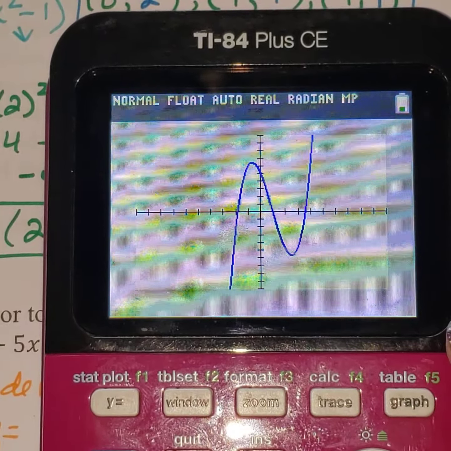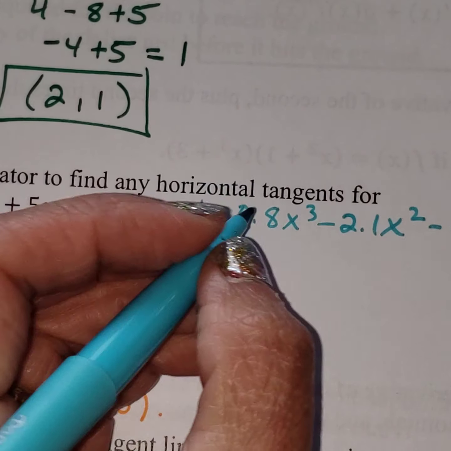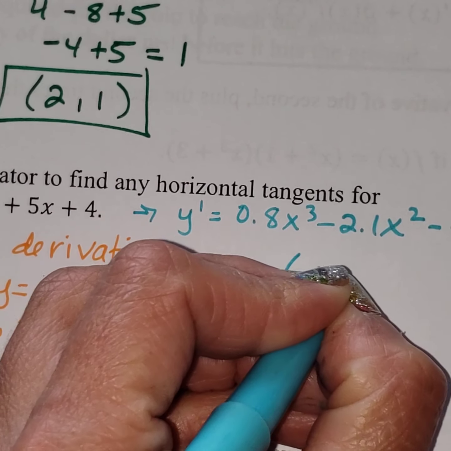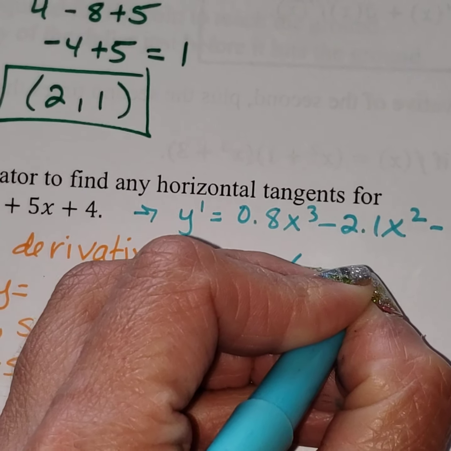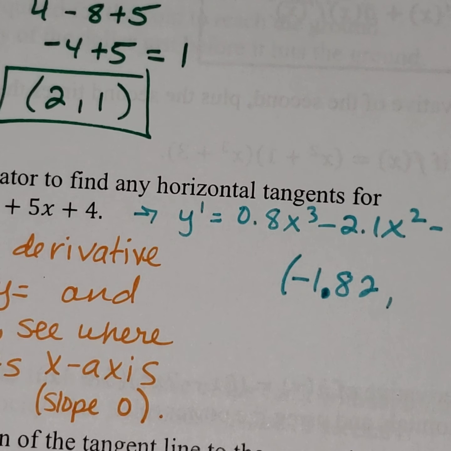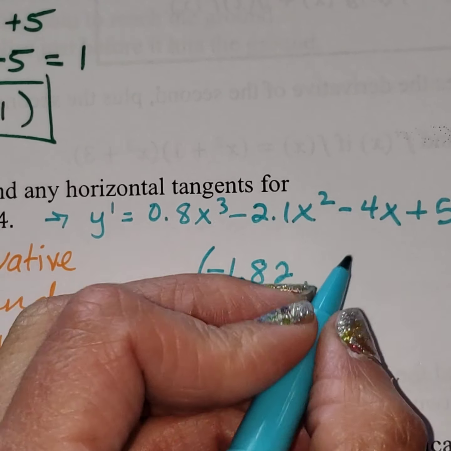So this looks like it's negative 1.81 or 82. Yeah, that looks on it. So negative 1.82, if I round it. Okay, so there's that. So there's 1 point.